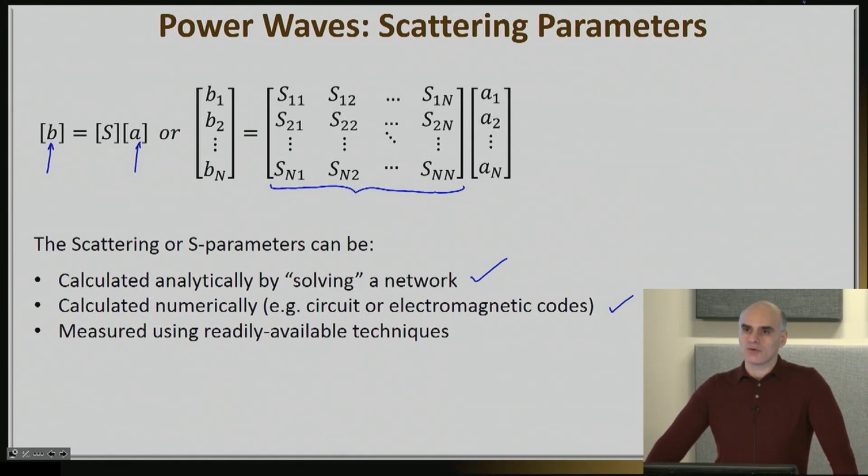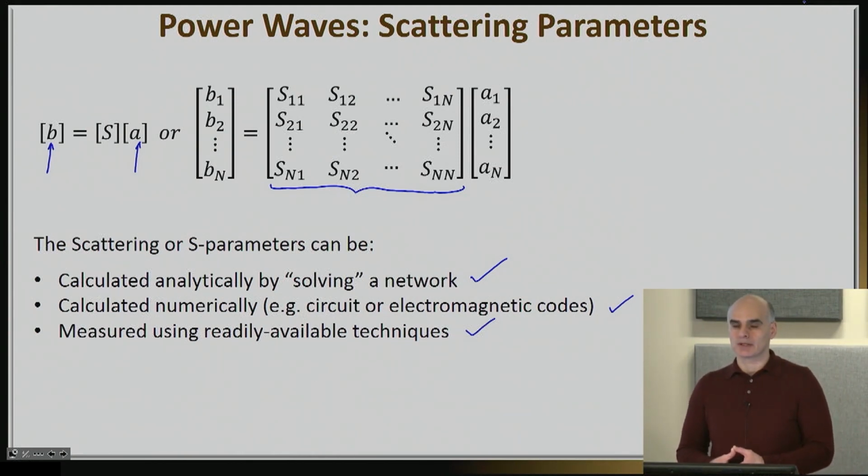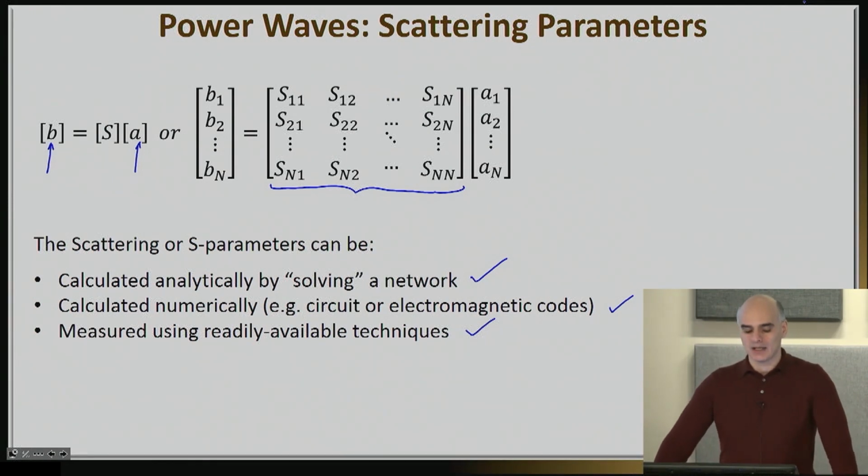There are commercial codes these days that you can use to solve a very complicated electromagnetic or RF network. And more importantly, they're incredibly easy to measure using commercially available techniques. I'll show you a couple of examples later on of what kind of instruments we use to measure those scattering parameters.